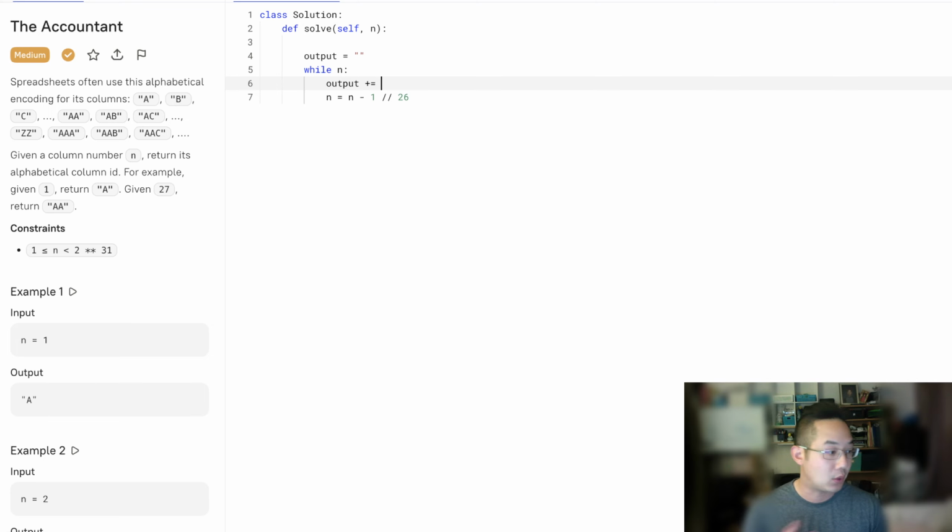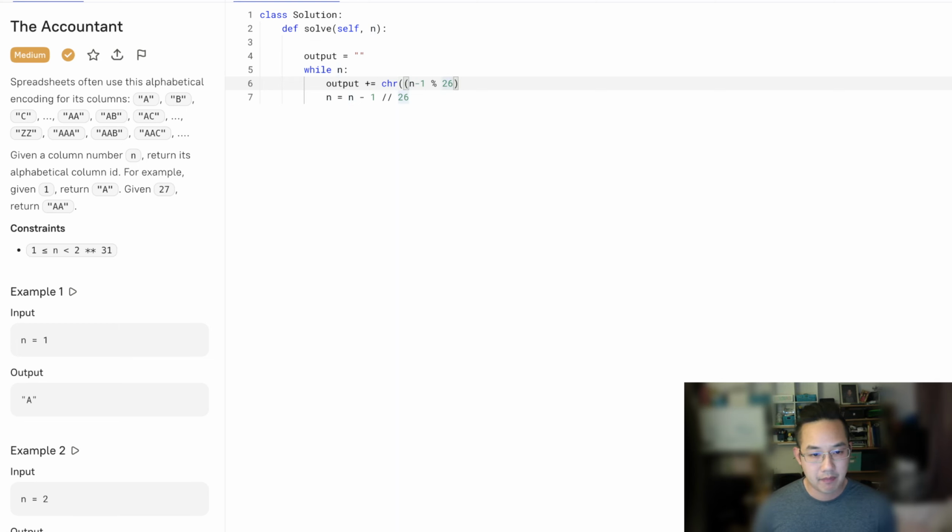And then we're going to have to reverse the string later, because our first item is basically the item that has the most 26s attached to it and multiplied to it. So our output is going to be chr to get the character, and we're going to do our current item, which is n minus 1 modulus 26, again to keep it in bound.